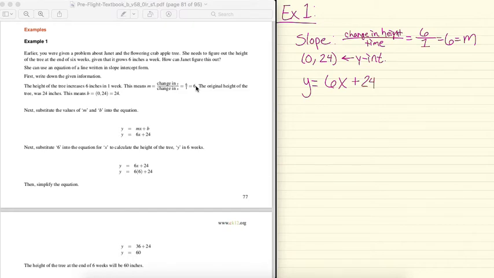Now, the next part of this problem says, well, what's the height of the tree going to be at the end of 6 weeks? Well, x is representing our time in weeks. So to figure out what is the height in 6 weeks, we need to plug 6 in for x.